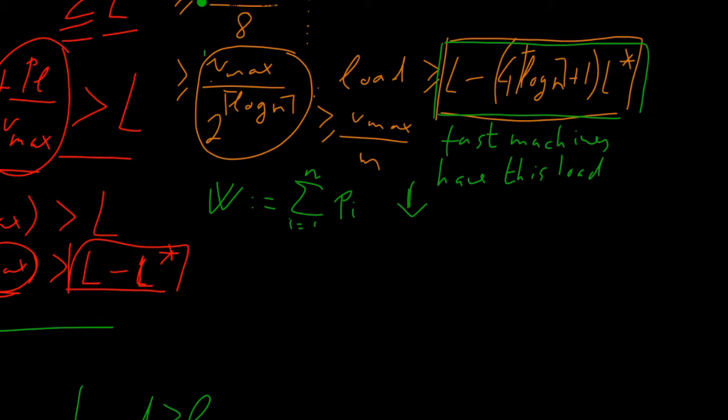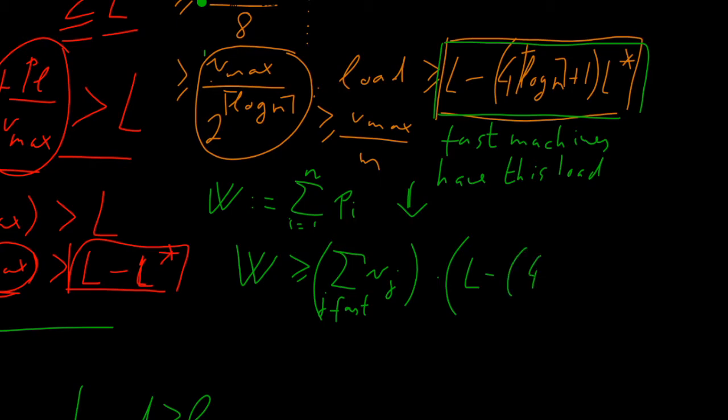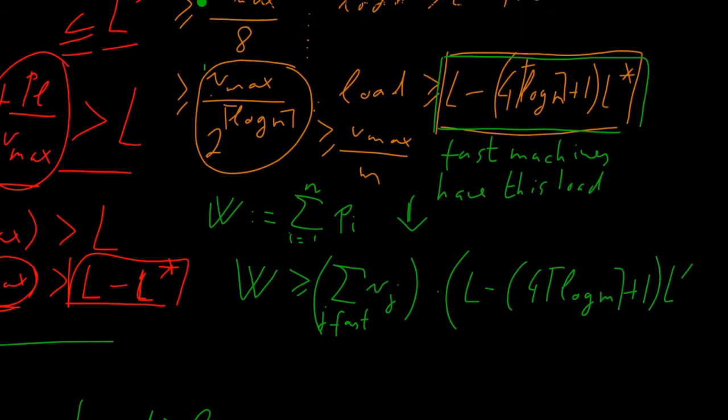If all the fast machines have a load at least this one, then this means that the total work is at least the sum of the speeds of the fast machines times L minus (4 log m plus 1) times L star.